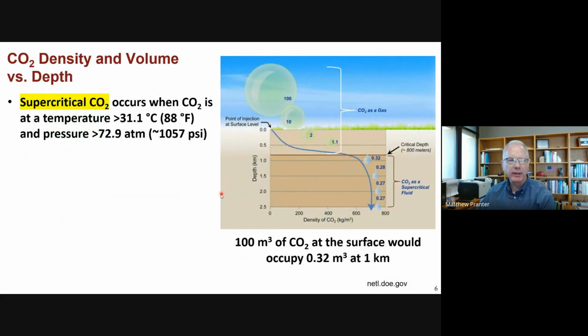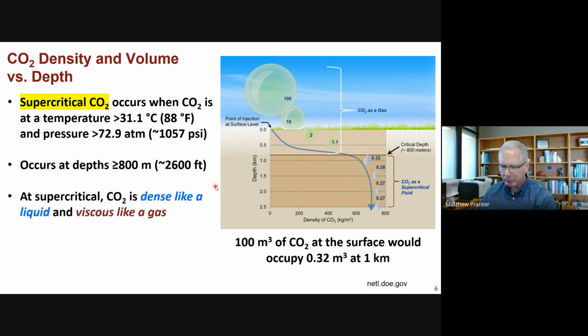The other term that you hear people use is supercritical CO2. CO2 exists as a gas at the surface, but as you increase the temperature and pressure when you store it in the subsurface, the density of the CO2 will increase and its volume will decrease. At a certain depth, around 800 meters, which is about 2,600 feet, it changes phase from a gas into a supercritical fluid, with characteristics somewhere between a liquid and a gas.